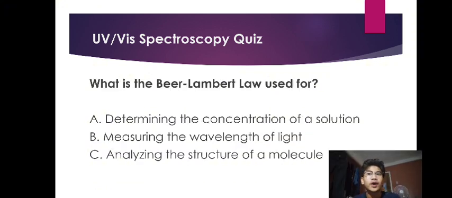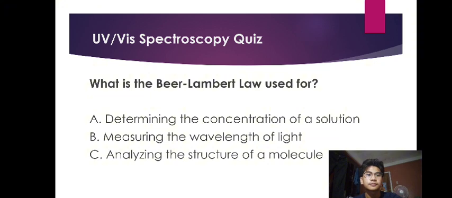Number 3. What is the Beer-Lambert law used for? Letter A. Determining the concentration of a solution. Letter B. Measuring the wavelength of light. And letter C. Analyzing the structure of a molecule.